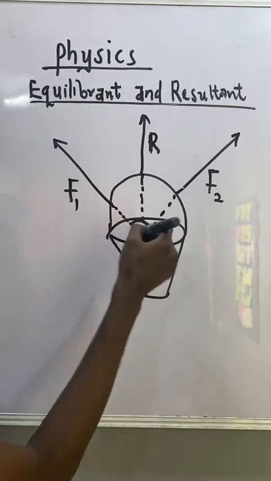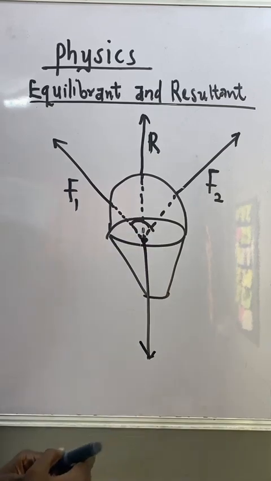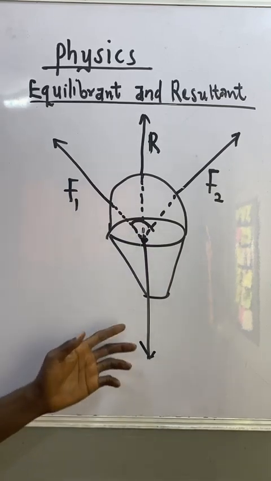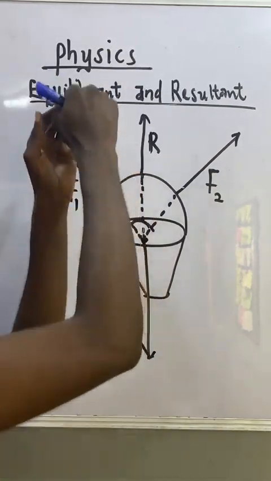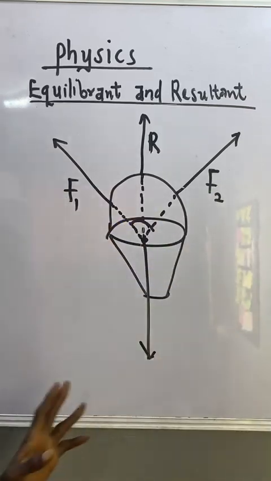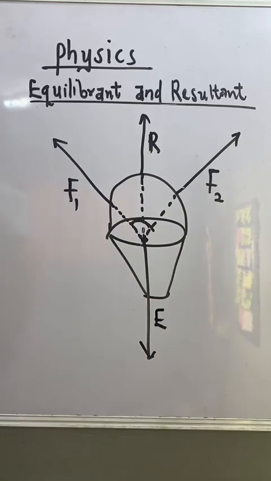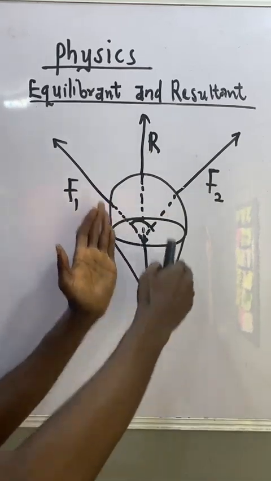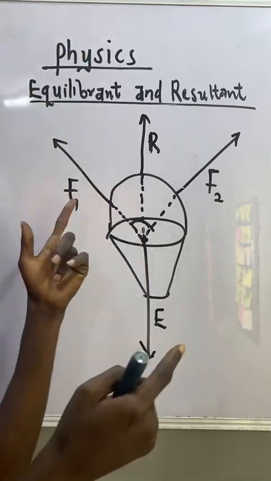Then we must have a force that will act downward, such that as these two men are dragging it up, this single man will drag it down so that it will not move anywhere. This single force that is dragging it back, that makes it stay in one place without moving, is called the equilibrant.